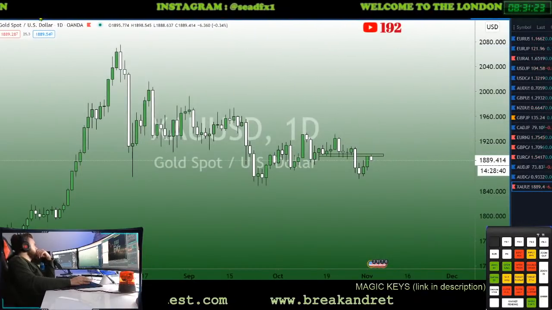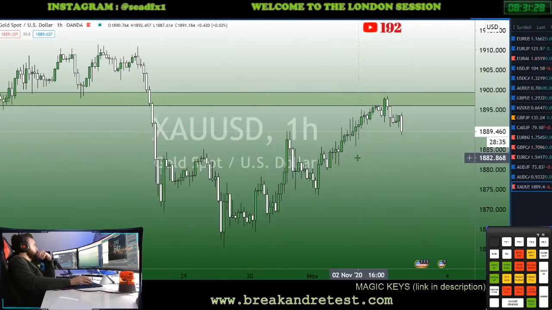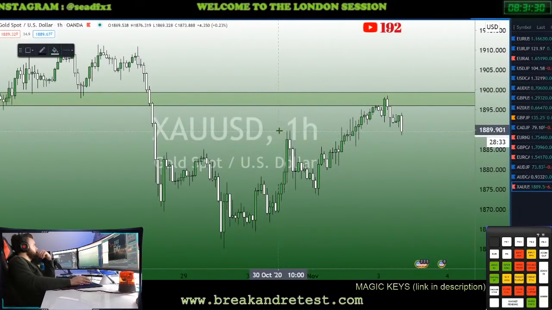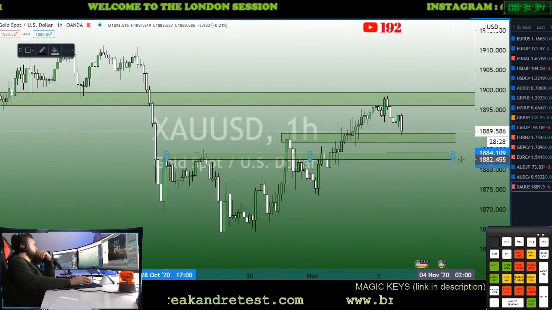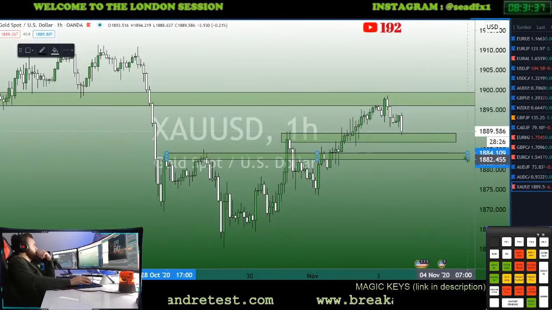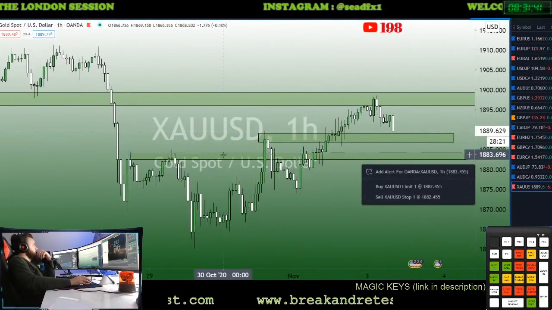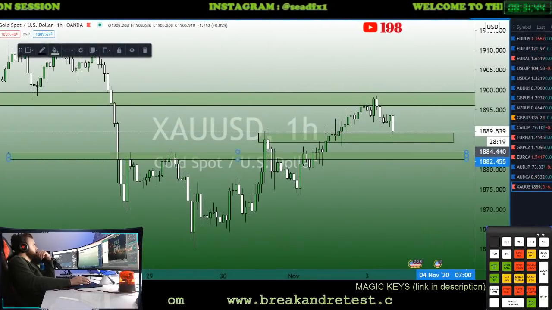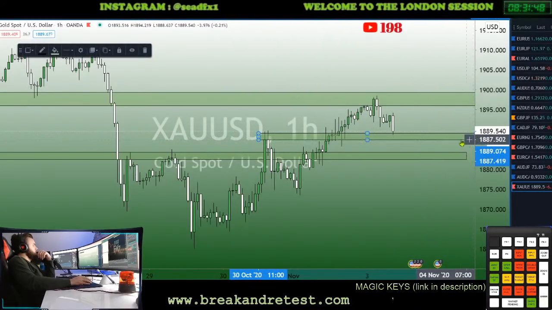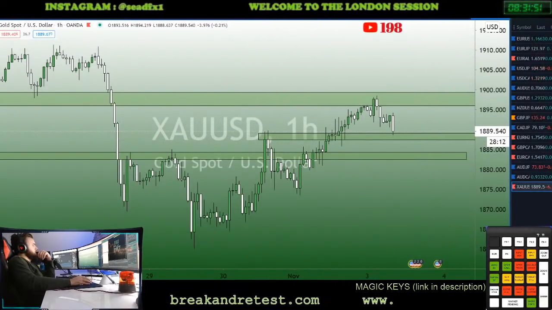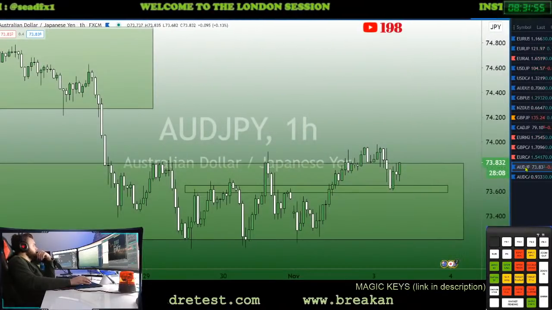I guess what's gonna happen is it drops a little more, but we have also support here, and we have also support here. So if it breaks below this level, we can easily see it drop to the next one. But what I'm gonna do is just stay away from gold and delete it from our list because I'm not interested to trade gold.